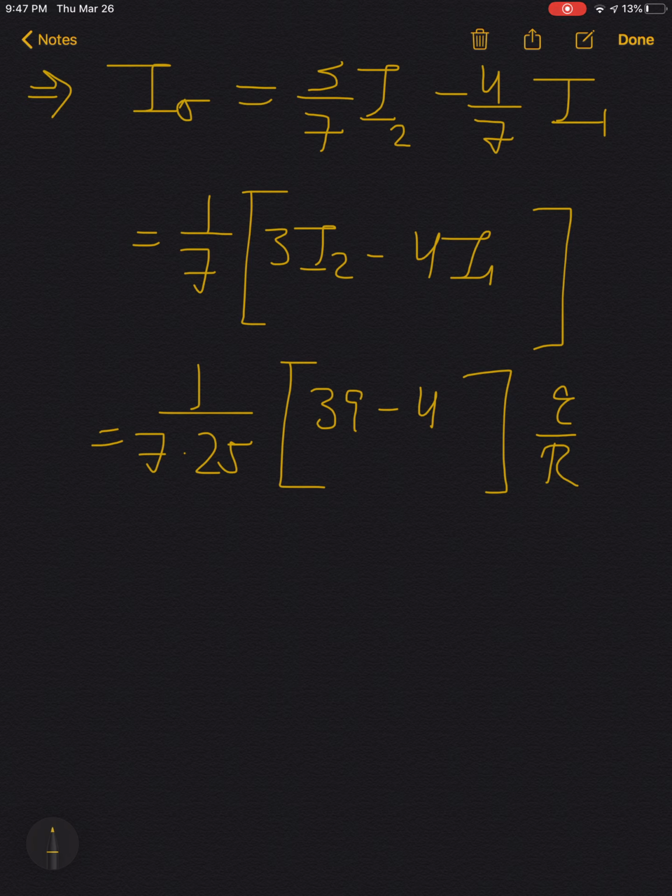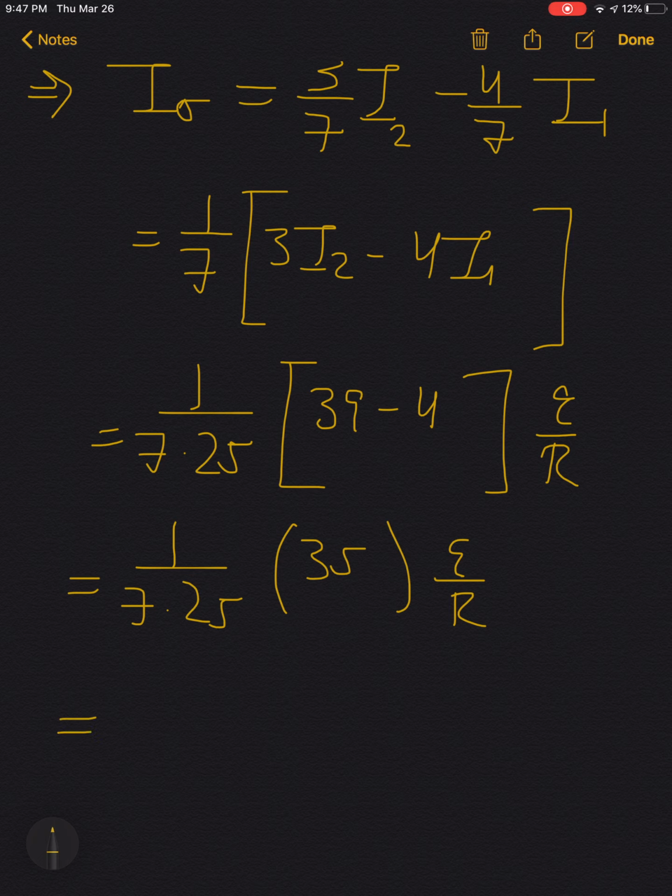Okay, so some more miraculous stuff happens. You get 1/7 times 25. I don't want to write out that full number because you're about to get some cancellations happening. You multiply this thing by 35, E/R. Of course, 25 and 35 share a factor of 5. And when you do that, you find that what's left over on the top is a 7. What's left over on the bottom is a 7 times a 5, E/R.